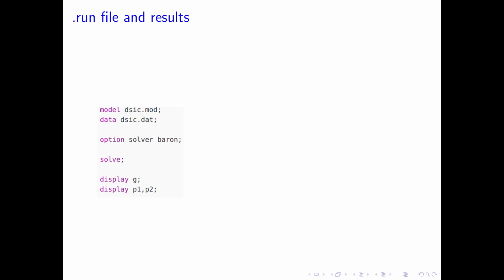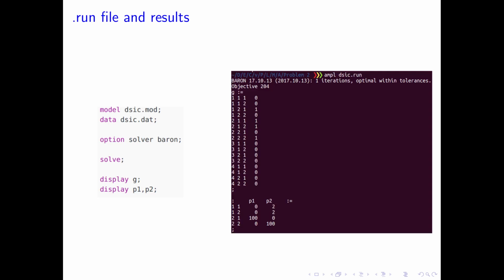Notice that this time you are dealing with a mixed integer nonlinear program, and therefore we need to employ Baron as the solver. This is the result that we get in this case. The final value of the objective function is 204, and we can see that for outcome 2-1, which corresponds to types high, low, the first player gets the painting and she pays 100.